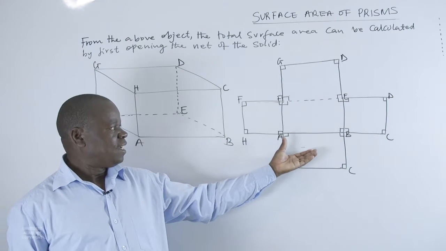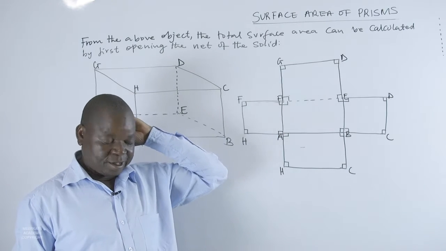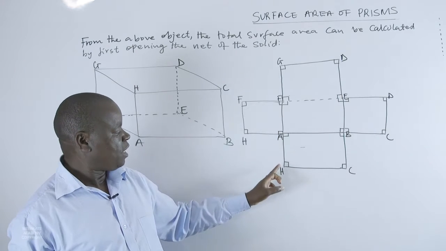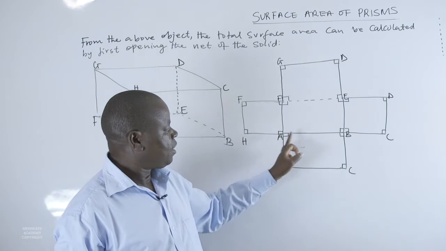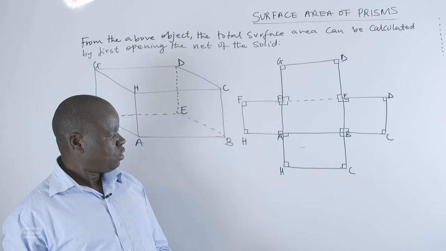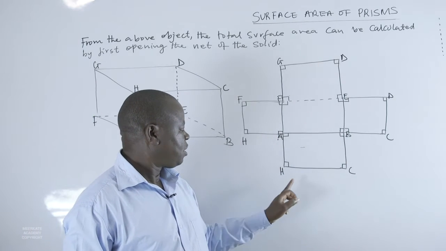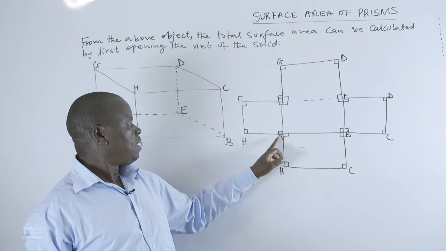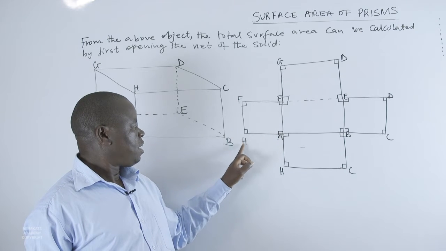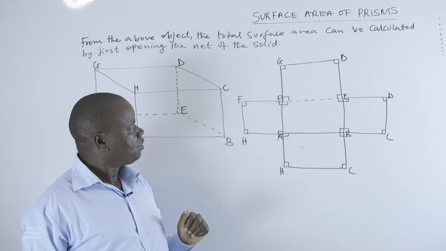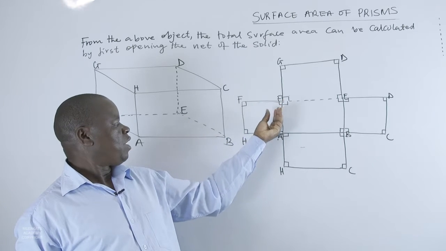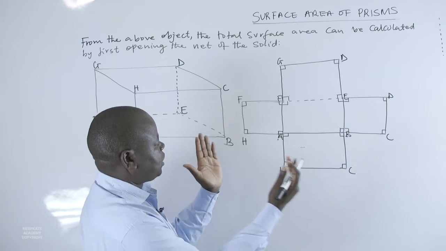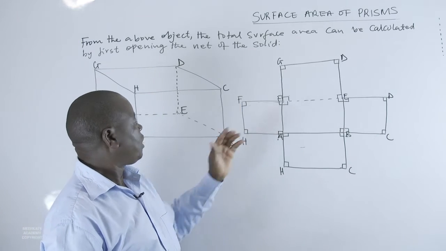So all these are right-angled objects. We have the plane ABEF, the plane ABCH, the plane AHF, F and F, because when we close it, F and F will come together.